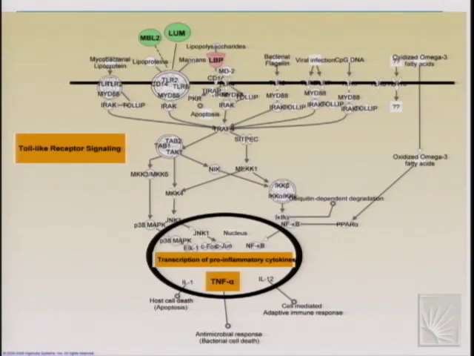And when you start to think about how these proteins could be interacting, you see that there has been a lot of evidence suggesting that many of these proteins are involved in toll-like receptor signaling. LBP is a very well-documented antigen-presenting molecule that initiates the cascade of events that signals transcription of pro-inflammatory cytokines like TNF-alpha.